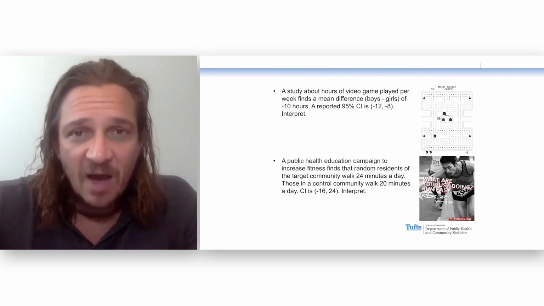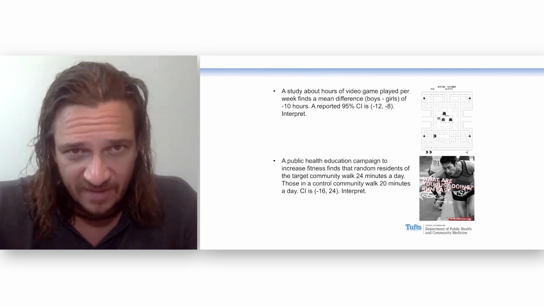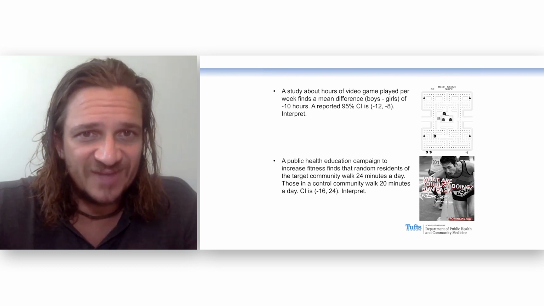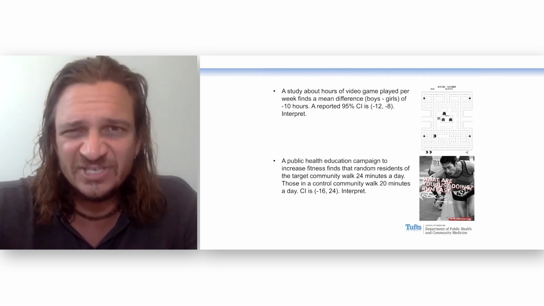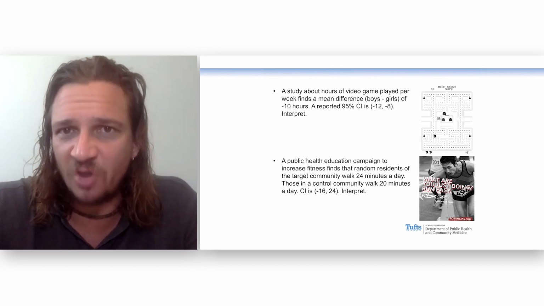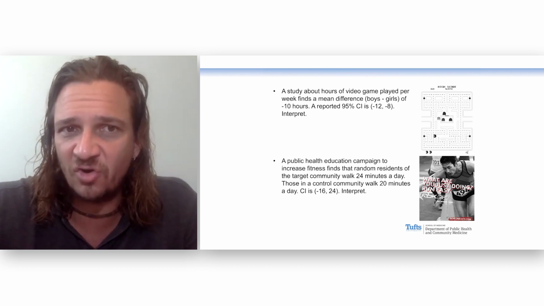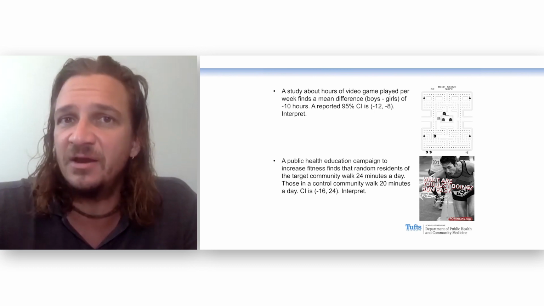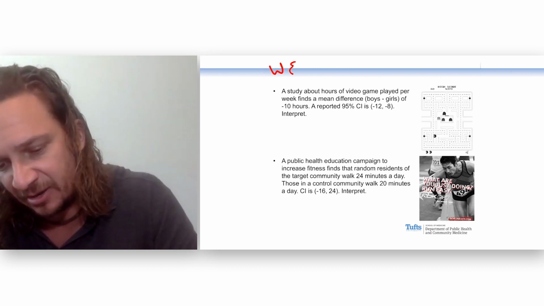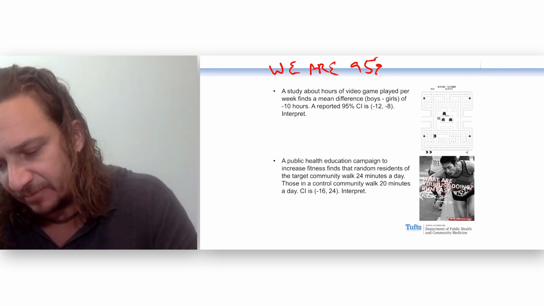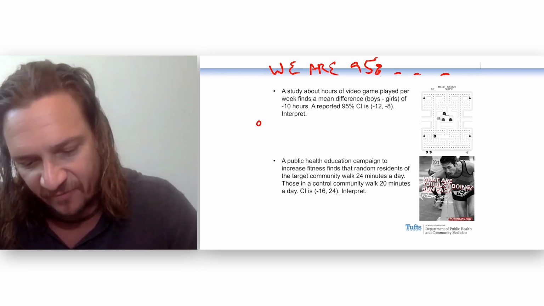A study about hours of video games played per week finds a mean difference, boys minus girls, of -10 hours. So here's the CI. This is a little bit of a twist. We got negative signs all the way around. Boys minus girls is -10. So for the correct interpretation, again, we are 95% confident on average.